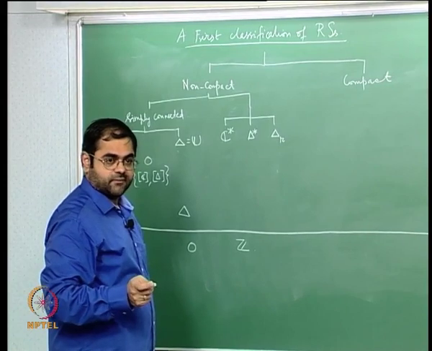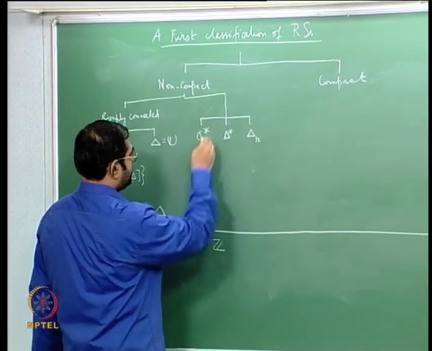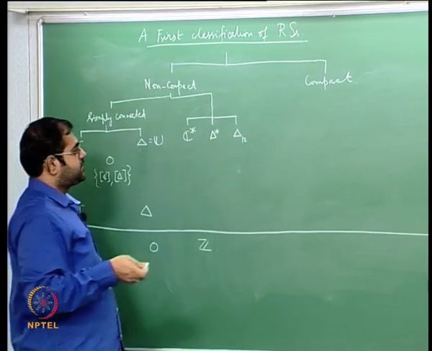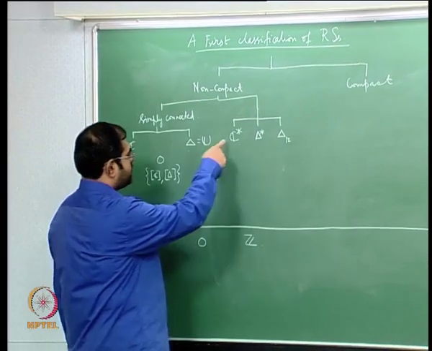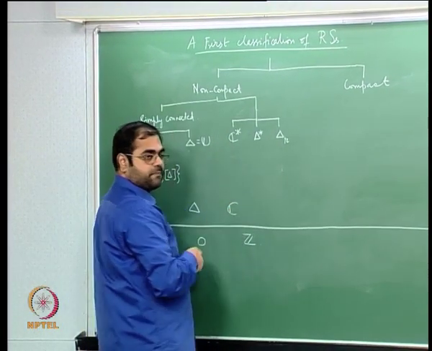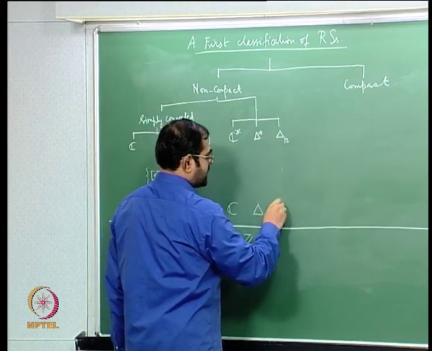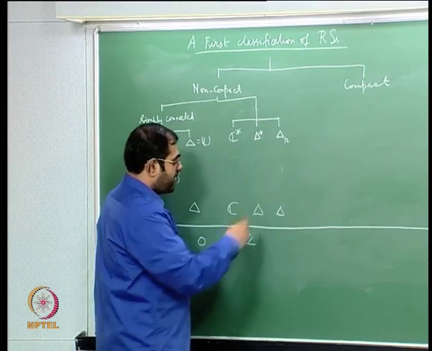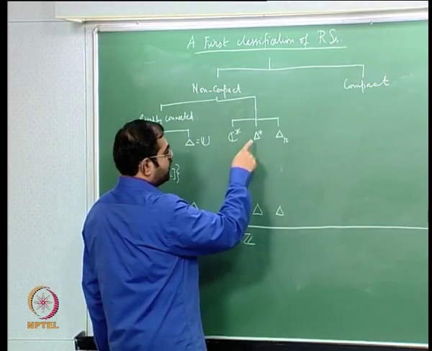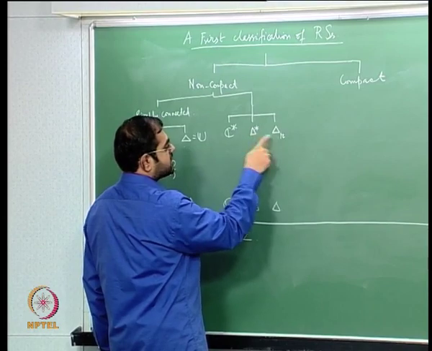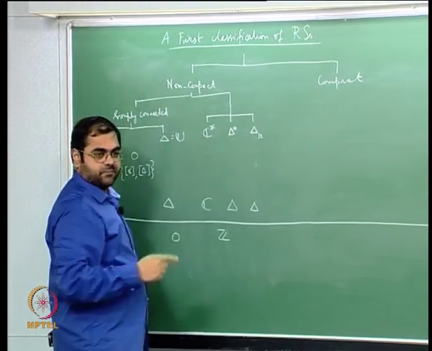So if you look at the universal coverings, they are all going to be different. So for C star the universal covering is C, for delta star the universal covering is delta, for delta R also the universal covering is delta, and mind you delta is the same as U, okay. So U, or delta, will be the universal covering for these two, whereas C will be the universal covering for C star, okay.